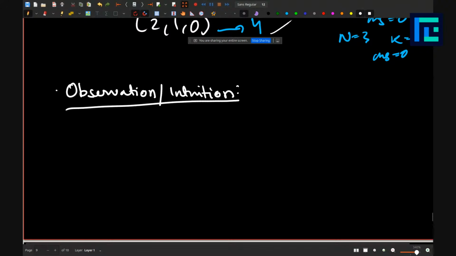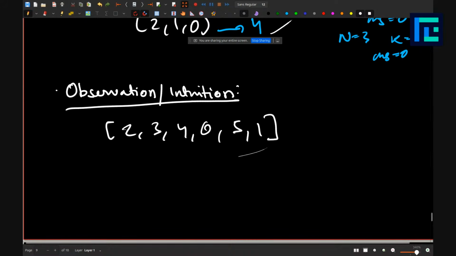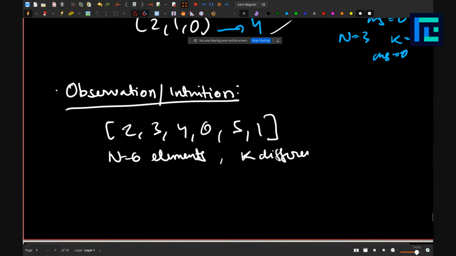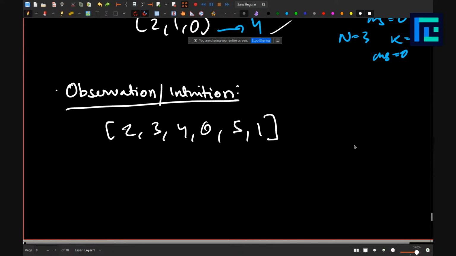I'll tell you what the interesting thing is which happens when you play around with these. Let's say there is some permutation with n equals 6 elements, and it has some answer k, some k different possible MEXs.